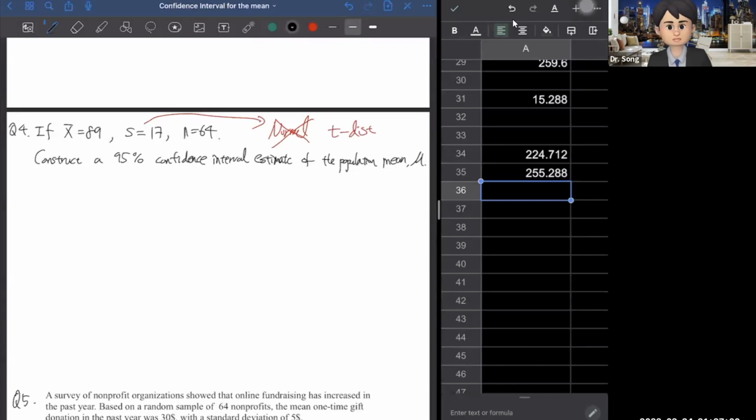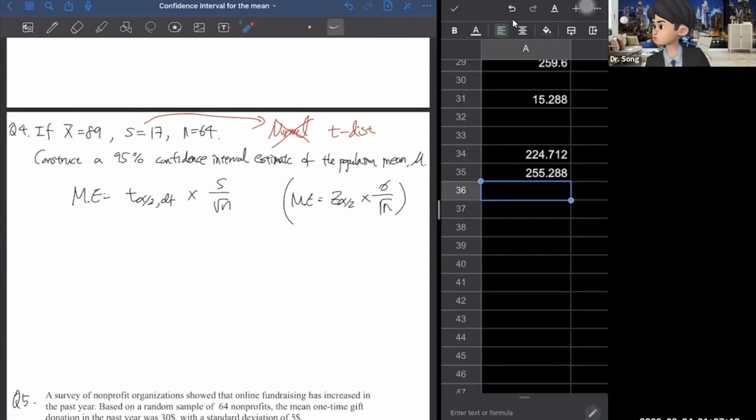But the formula is pretty much the same. The margin of error is t alpha over 2 with degrees of freedom times s over square root n. When we are using the normal distribution, the margin of error was z alpha over 2 times sigma over square root n. So instead of the z, we are using the t-distribution. Instead of sigma, since we don't know sigma, we replace it with the sample standard deviation s.